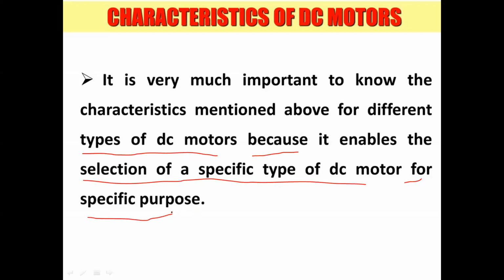In a similar way, the characteristics of the motors change depending upon the field winding connection. So for a specific type of application, we need specific characteristics, and for that selection we must know the characteristics of different types of DC motor.